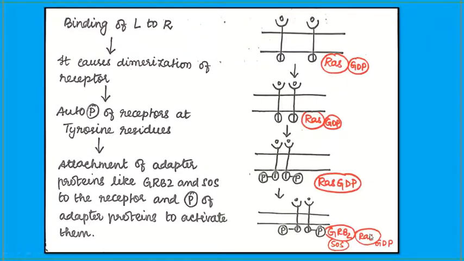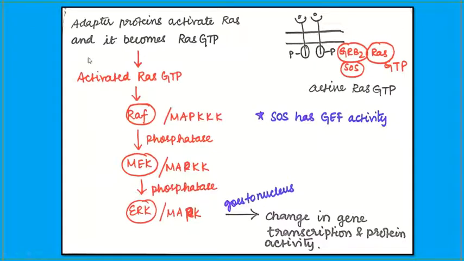RAS is a G protein. So adapter proteins activate the RAS, and when RAS is active, it will be bound to GTP. Okay, so RAS-GTP is the active form of RAS. Now the activated RAS will activate the next molecule, that is RAF.